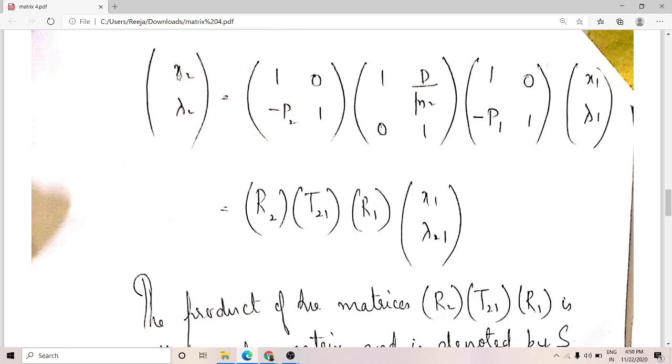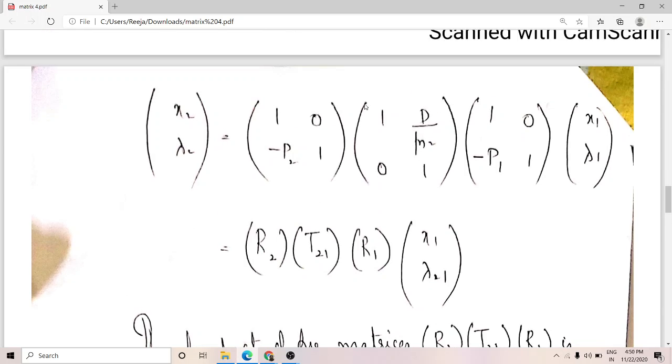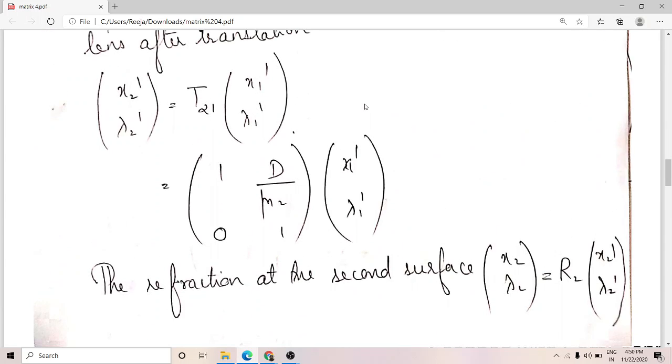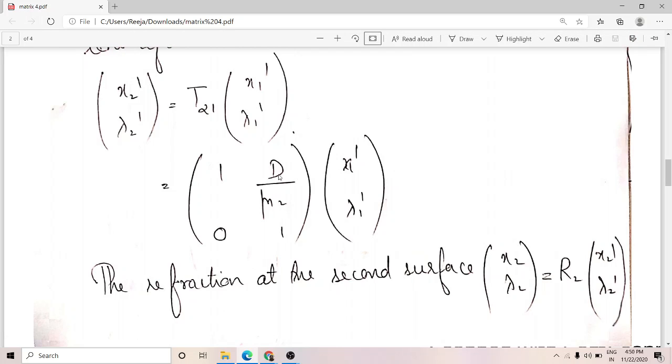Now the combined equation can be written as x2 lambda 2 is equal to the matrix 1, 0, minus P2, 1 into x2 dash lambda 2 dash. What is x2 dash lambda 2 dash? It is this product, so I am replacing it with the matrix 1, d by mu2, 0, 1 into x1 dash lambda 1 dash.